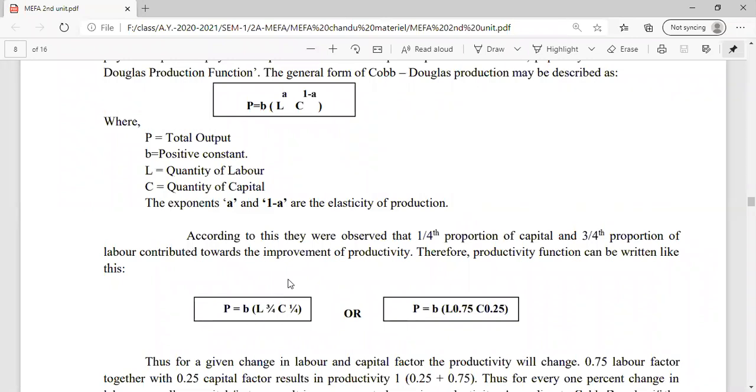So what we want to know here is, L is the labor and C is the capital, right?